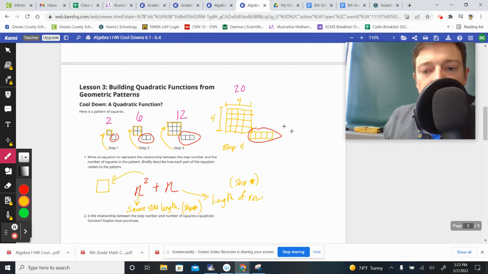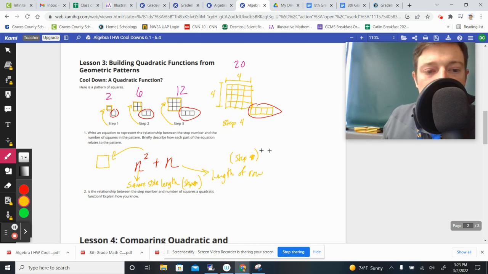Is this relationship between the step number and the number of squares a quadratic function? Explain how you know. Yes.